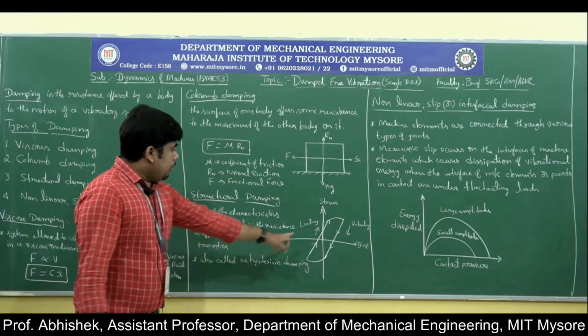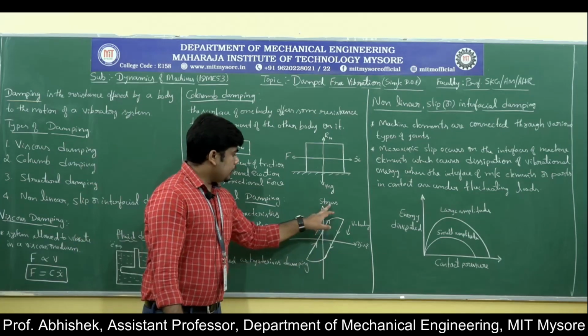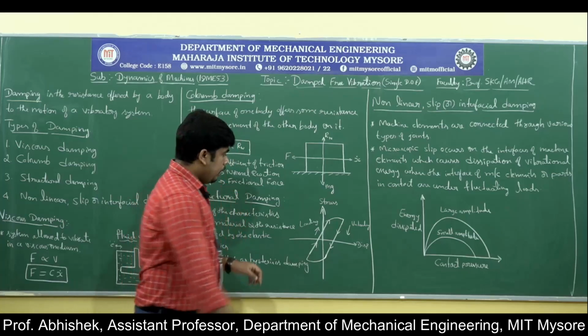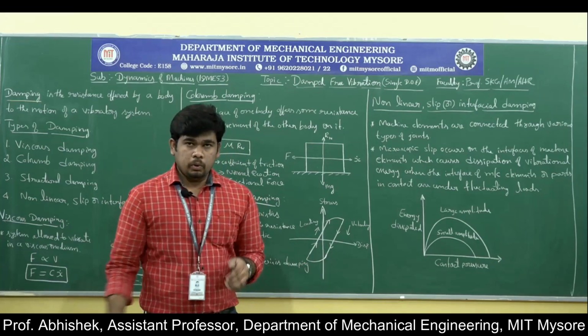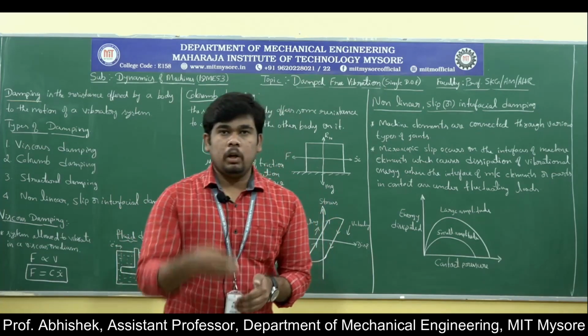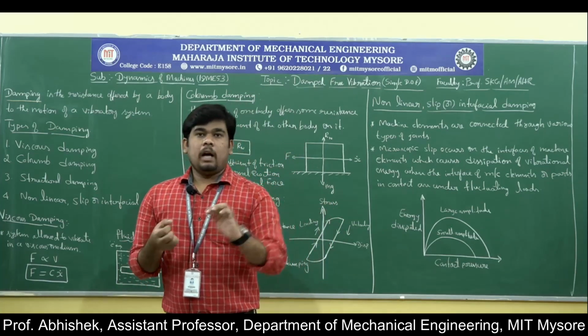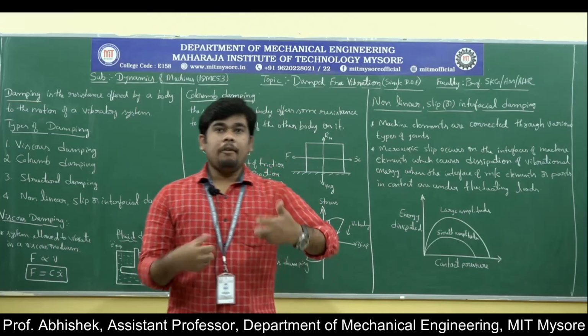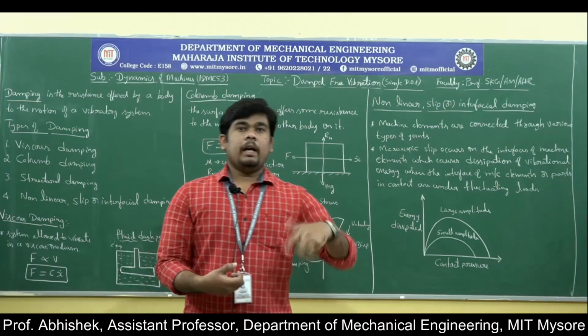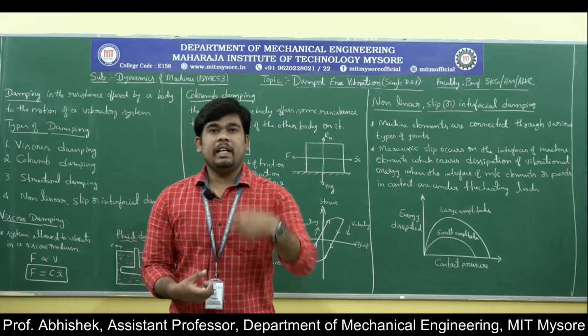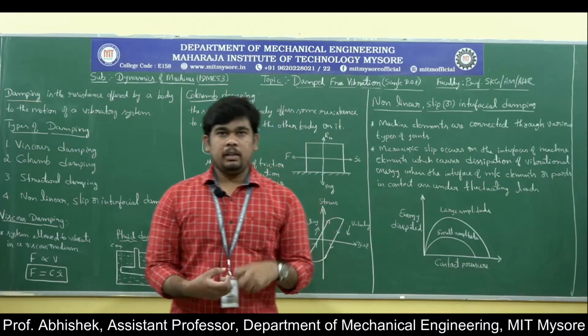So we have a graph, stress versus displacement. When you put a load on a structure, it will resist up to a certain limit. After you remove the load, again the elastic structure will regain its original size and shape, right?